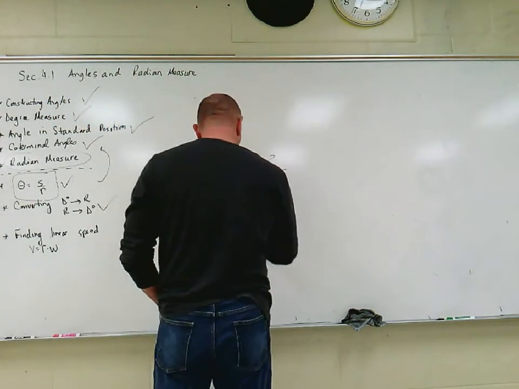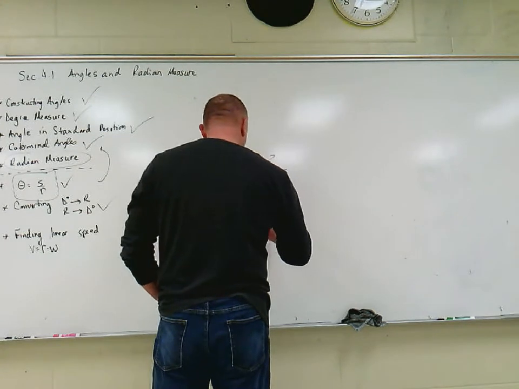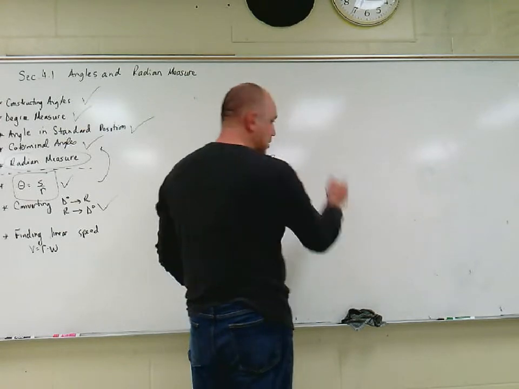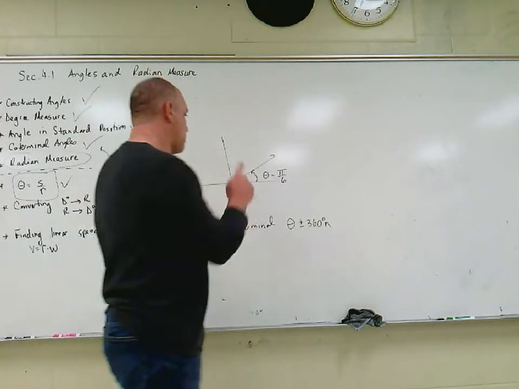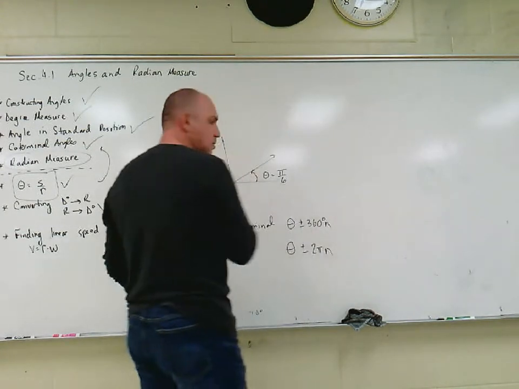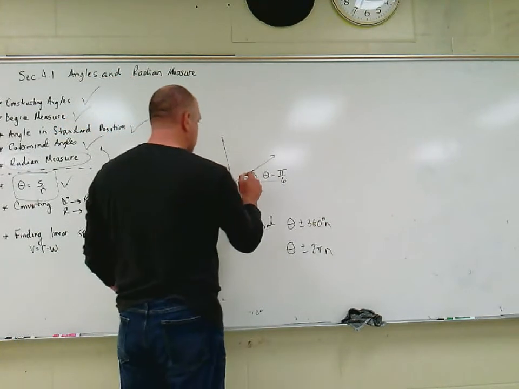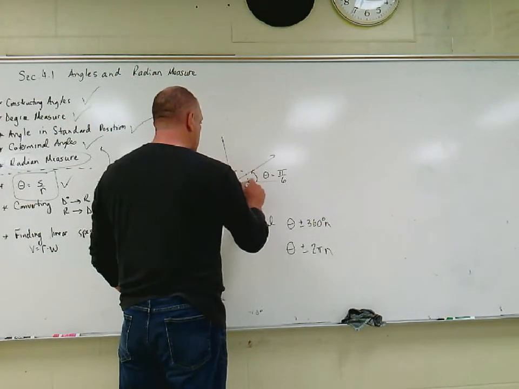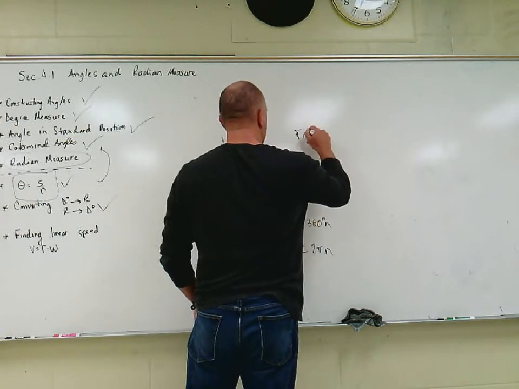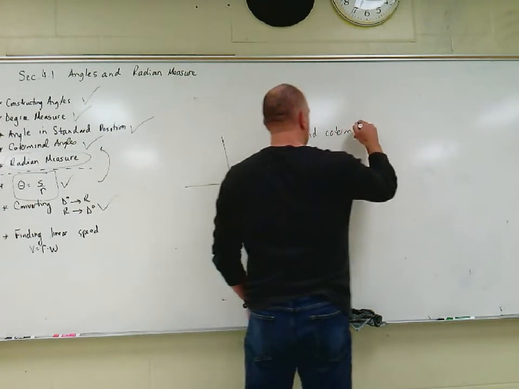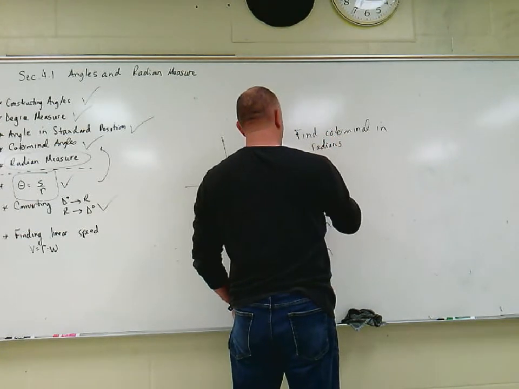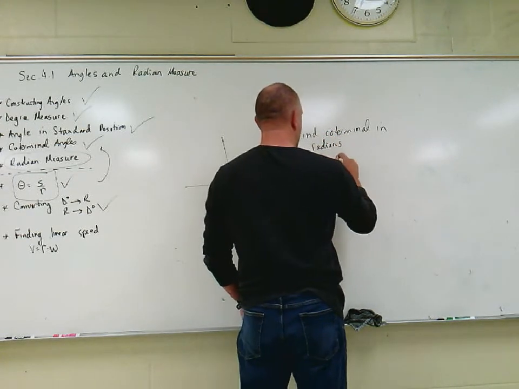So before with coterminal, what did we do? We said we're going to take our angle and add or subtract multiples of 360 because 360 is a revolution. So the way we're going to do this, if we have radians, it's going to be plus or minus 2 pi. If I want to find a coterminal angle in radians, I can take pi over 6 and add 2 pi.